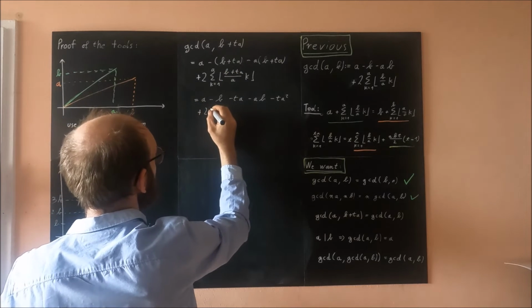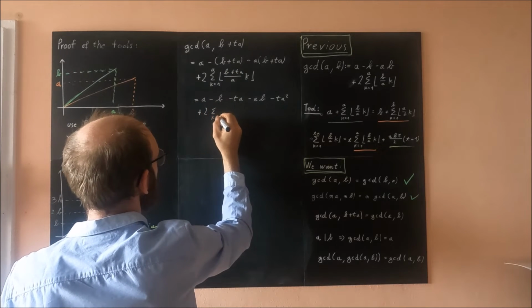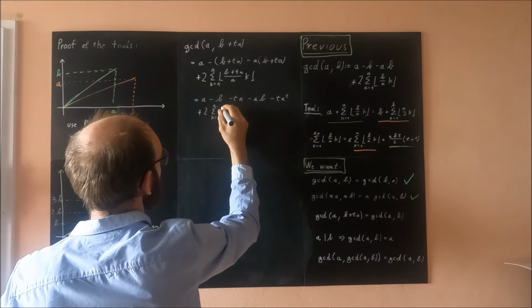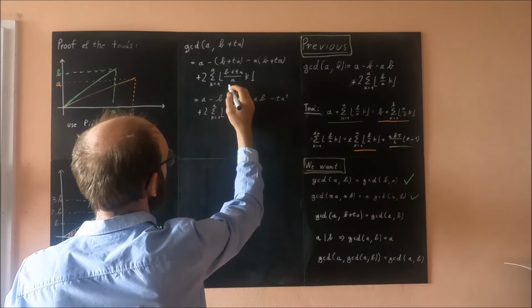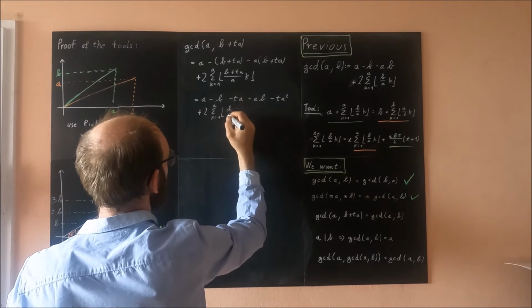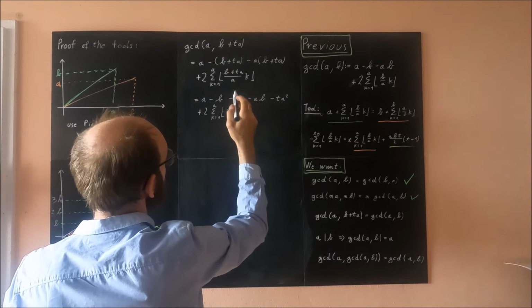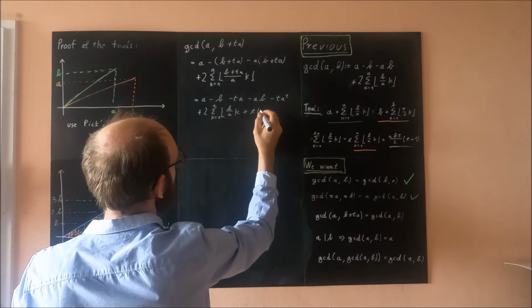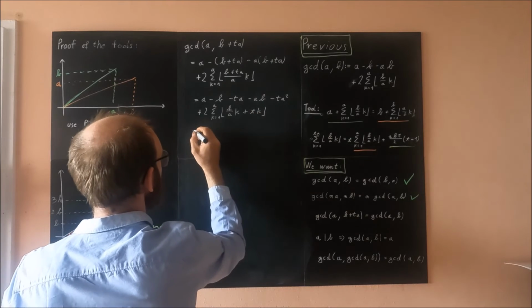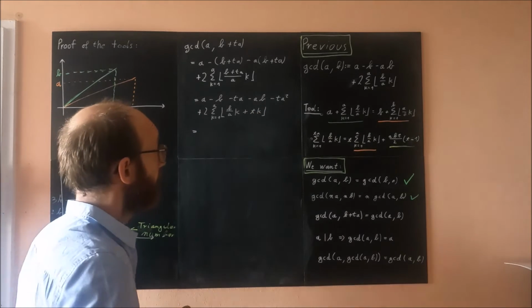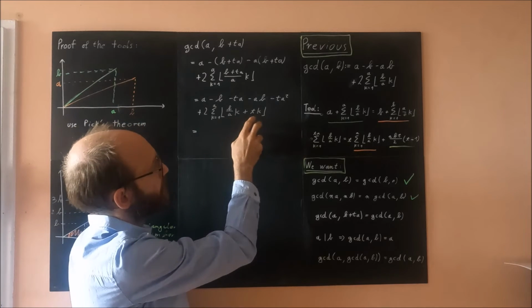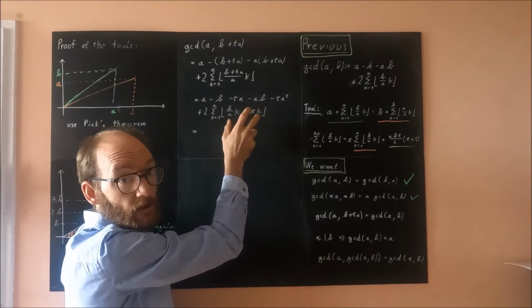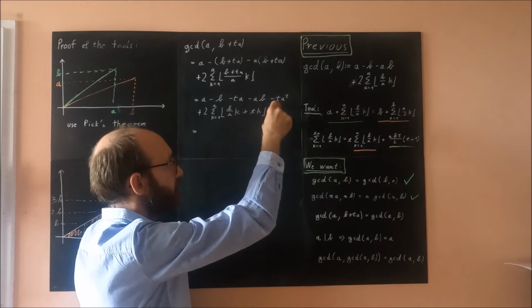so we have 2 times the floor of b over a times k plus ta over a, which is t, times k. And now if we have an integer in the argument of the floor, we can bring out this integer.